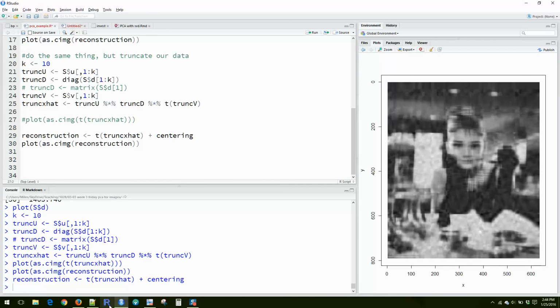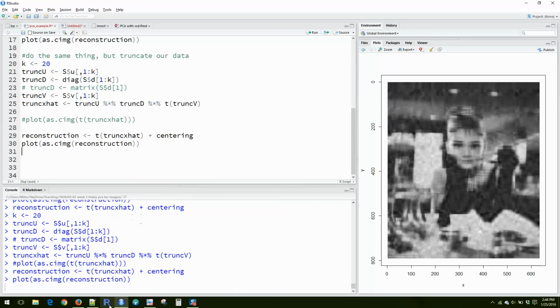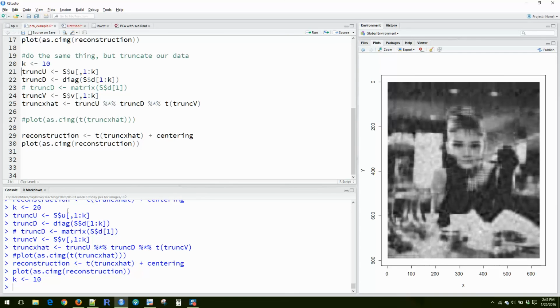Yes, for your image, make it look colorful? I can't do colors because there's no color information in the original image. Okay, but here this is with 20. So that was with 10. This is with 20.